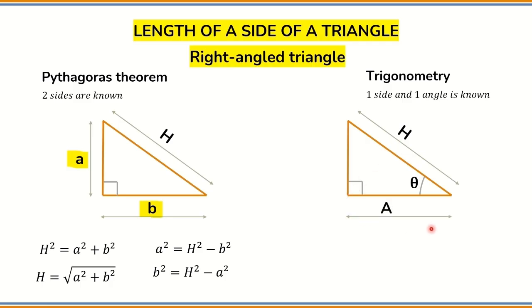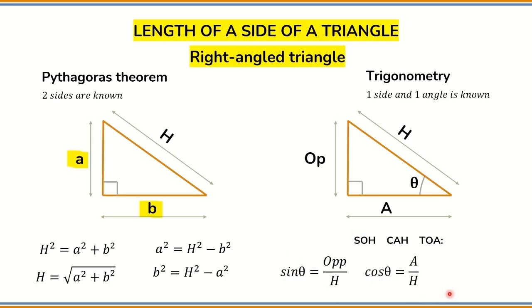A will be the side adjacent to the angle, and opp will be the side opposite to the angle. Now we can use SOHCAHTOA, which is a memory aid that helps us to remember the trigonometric formulas. SOH stands for this, CAH stands for this, TOA stands for this.